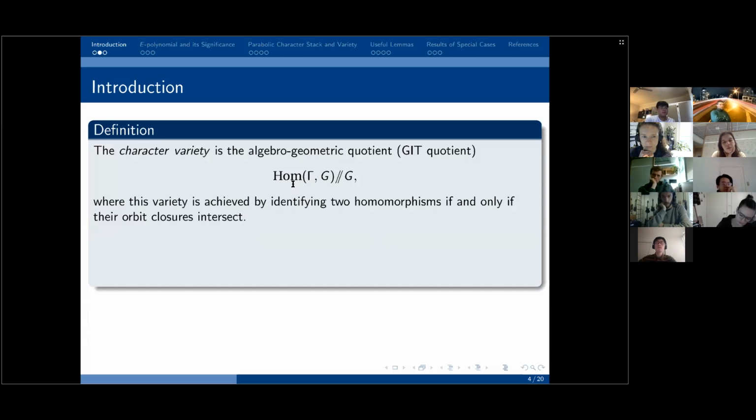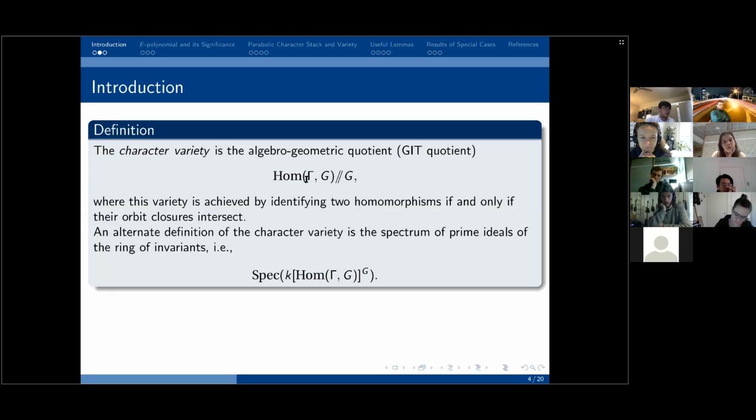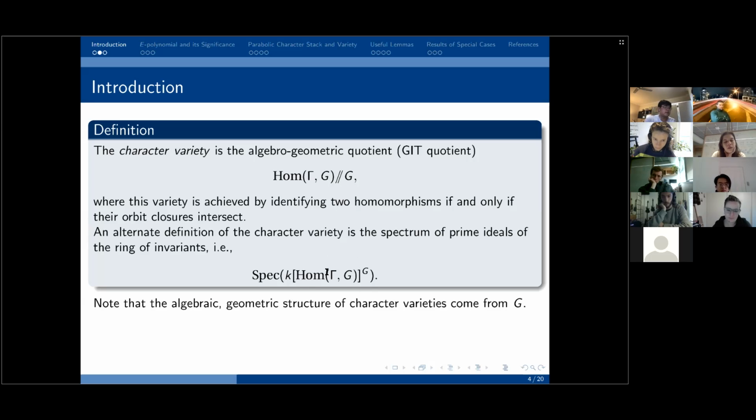Or if you don't know the GIT quotient, you can consider it as some equivalence relation which gives a variety rather than the representation variety. As an alternative definition, this is the same as the spectrum of prime ideals of the ring of invariants like this. So similarly to the representation variety, the algebraic and geometric structure comes from the algebraic group G in this character variety.